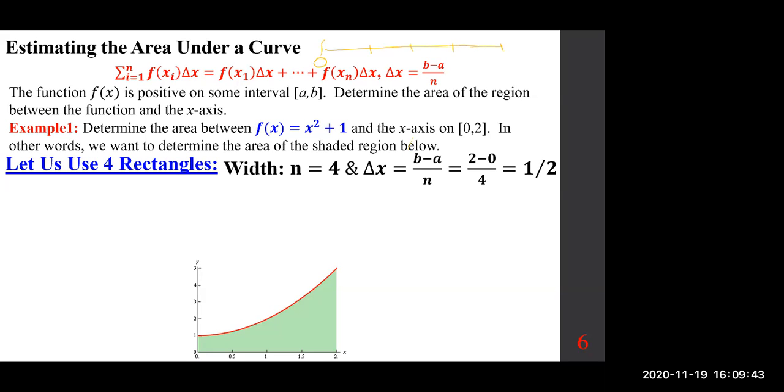This is 0 to 2. So this is 0.5, 1, and 1.5. And I tell you why. Because even without a graph, that line segment is truly helpful. So I want to use the right endpoints, the left endpoints, whatever. So let's cut this into 4 equal pieces.